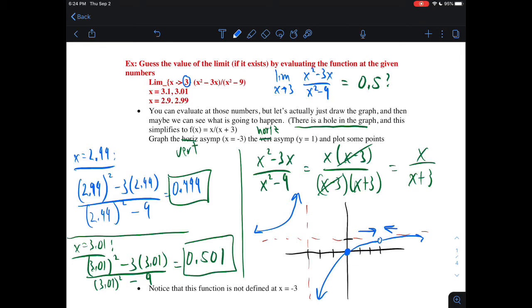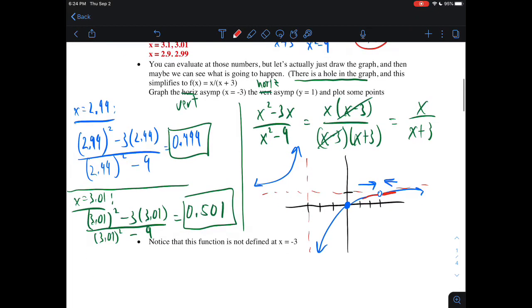Notice that our function is not defined at x equal 3, but the values of our graph, they're both approaching the same place. And where is that? It's somewhere between 0 and 1. So based off of my crude sketch here, it's some fraction, some number between 0 and 1. And that number is just 0.5, which we figured out numerically.